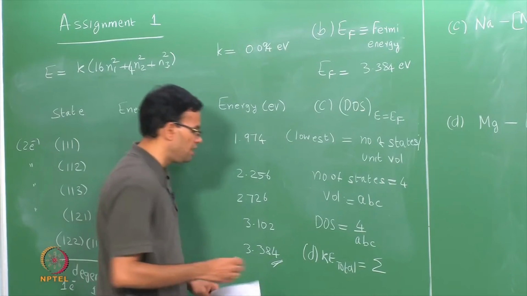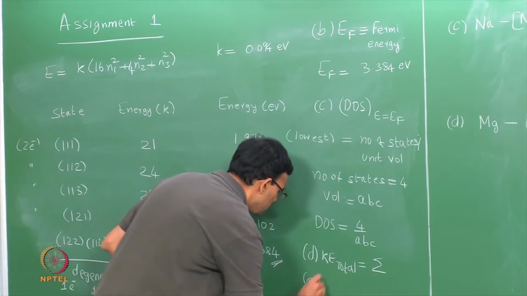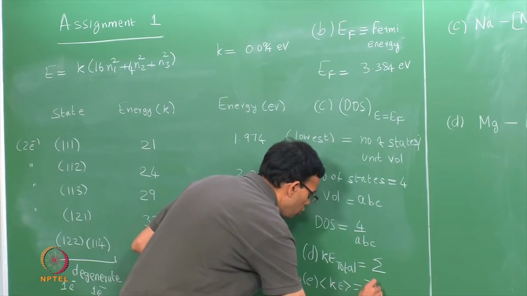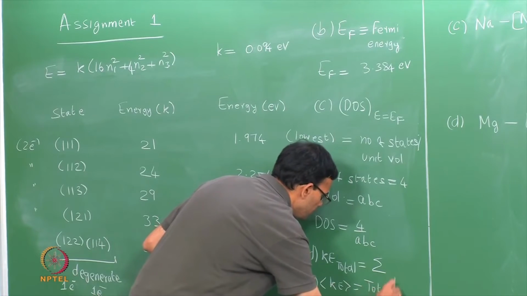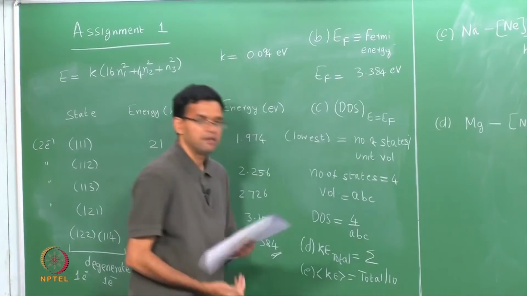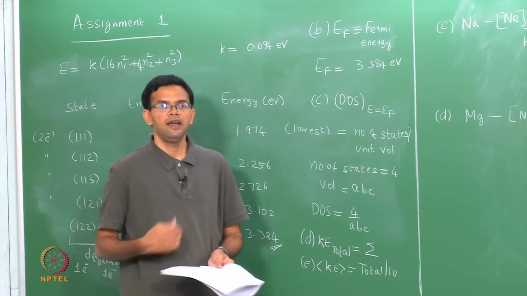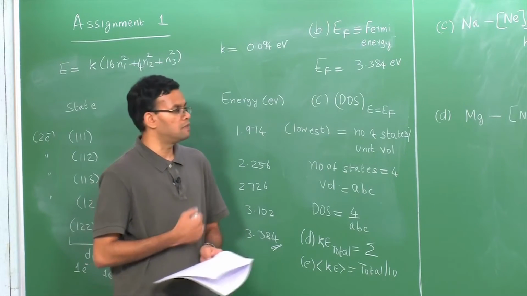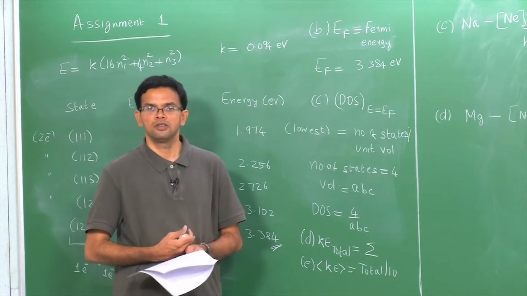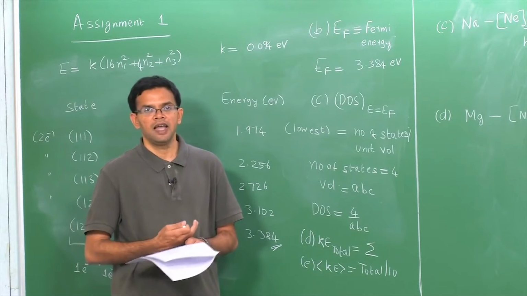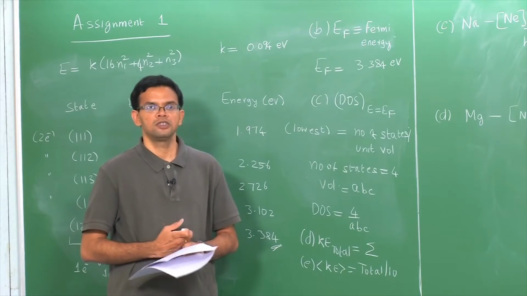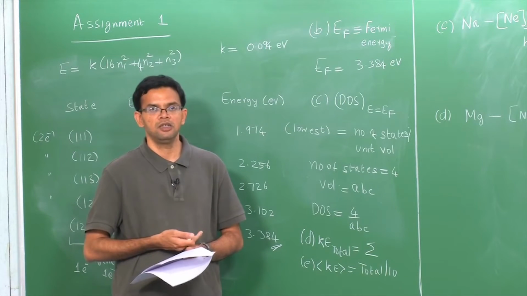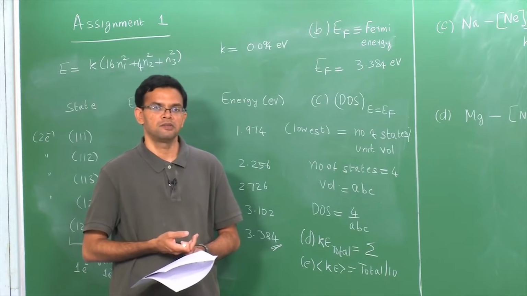The average kinetic energy is nothing but the total divided by 10. So, the idea is even if you have a discrete system with a specific number of electrons instead of a solid where we have 10 to the 23 electrons, we can still define terms like a Fermi energy or a density of states.